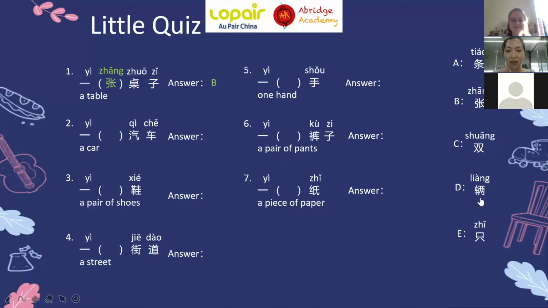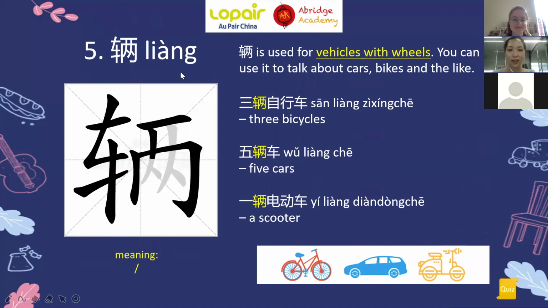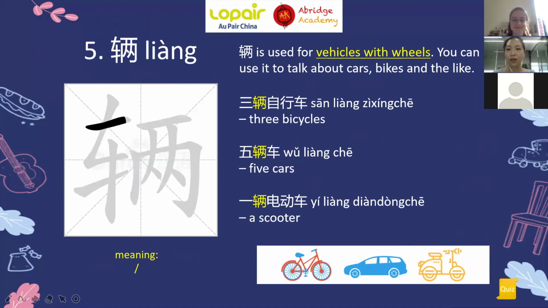It's a car with people sitting inside and looks like two wheels underneath and rolling. Okay, so this answer will be D, 辆. 一辆汽车, a car. Here, you can see again a vehicle with wheels, cars, bikes, and the like.